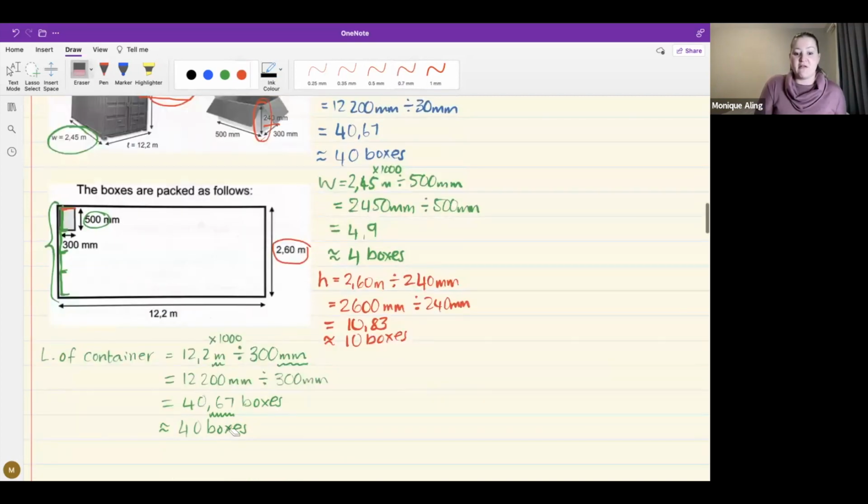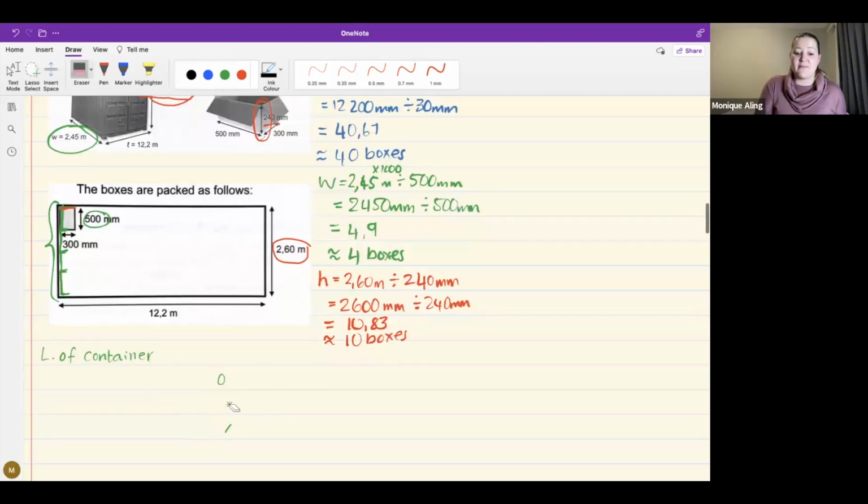Now that we have how many fit along the width, how many fit along the length, and how many layers, how many boxes in total can we fit into this container? What did we get? 1,600 boxes. Correct.